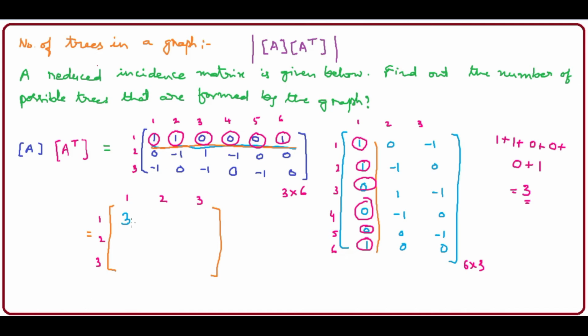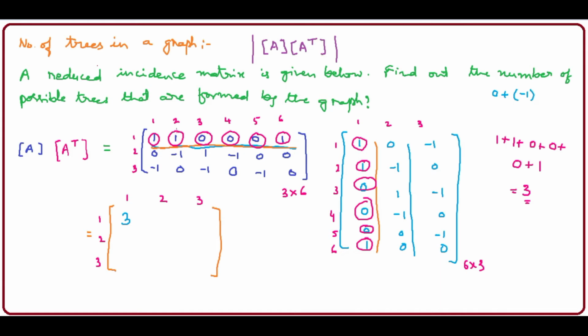Similarly, let us move on to the 1 2 element. For 1 2, we consider the first row of the first matrix and the second column of the second matrix. So 1 into 0 is 0, plus 1 into minus 1 is minus 1.